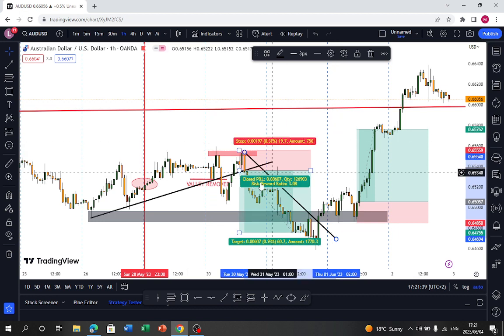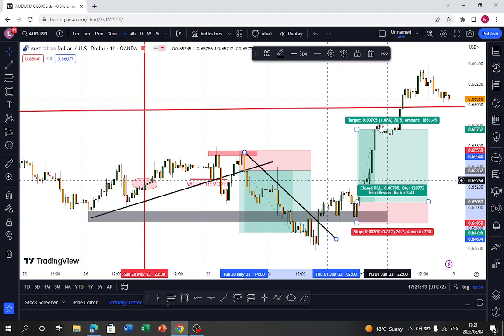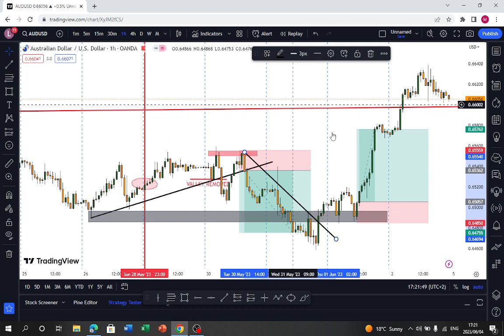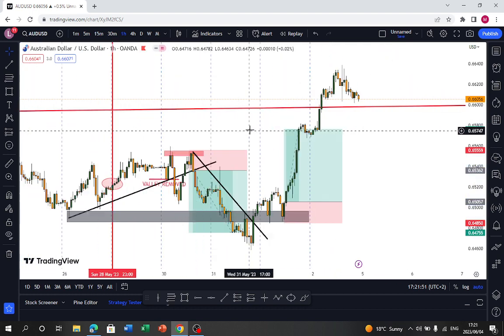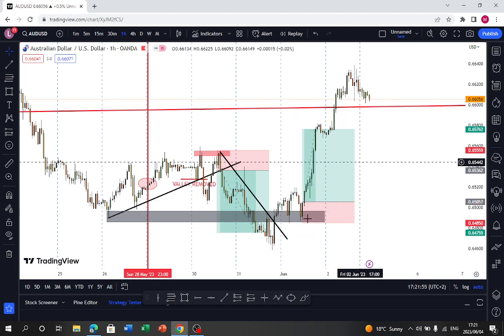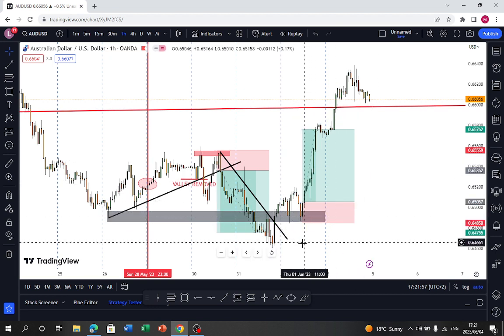This was based on a different strategy on Tuesday, but this is what I'm sharing, the simplest strategy we have ever created: all phases support and resistance, right? It also had the confluence of correlation. If you look at the time here, it was 10.